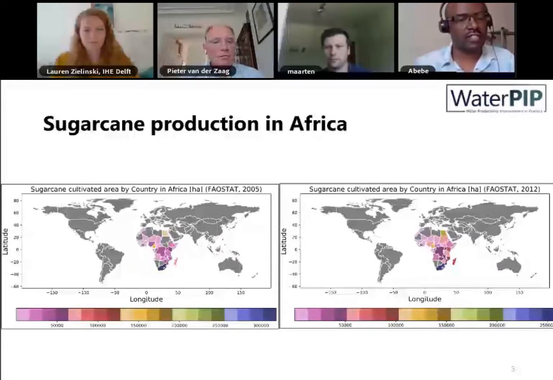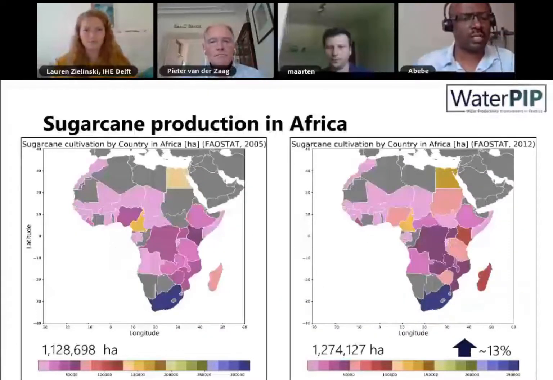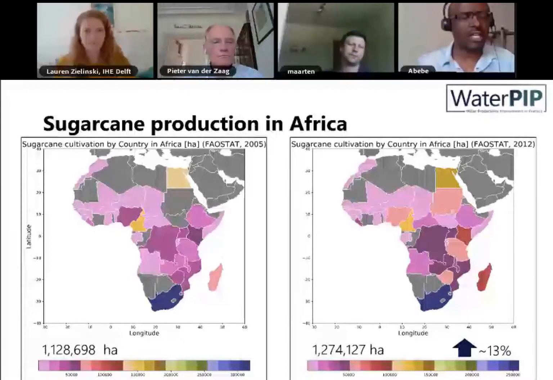To start from the background, also answering the first question, this is the sugarcane production in Africa. To the left is the FAOSTAT 2005 data, showing the production in Africa, and to the right is 2012. Maybe if we zoom in, we can see it in a larger picture. On the left, you see some countries either didn't report, or maybe there is no sugarcane cultivation.